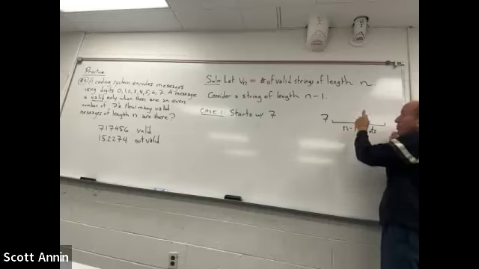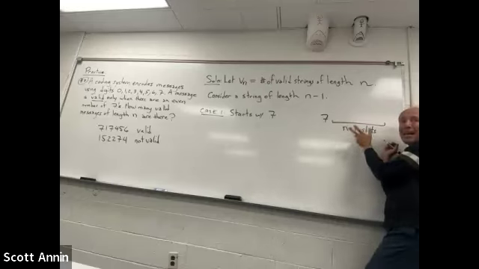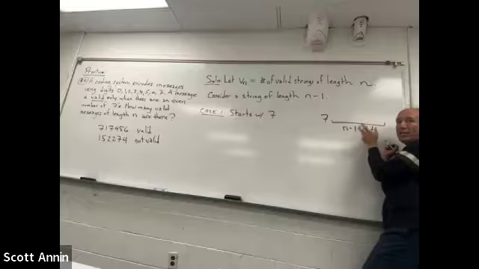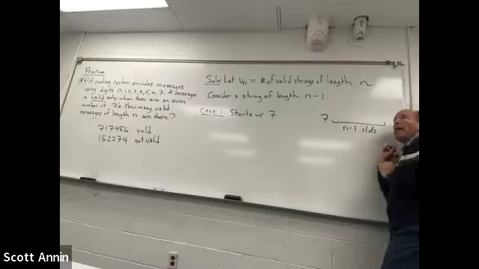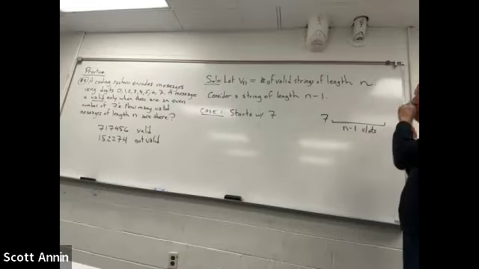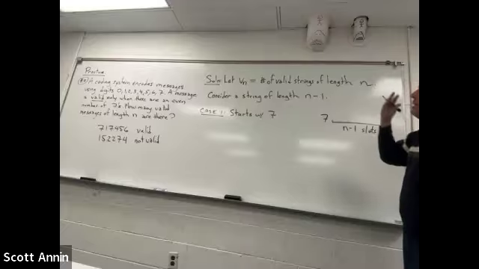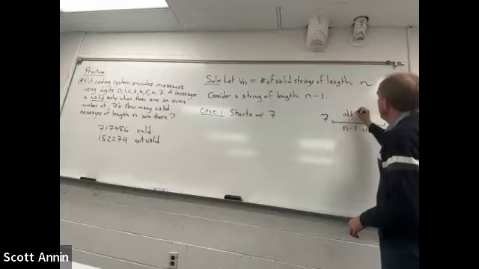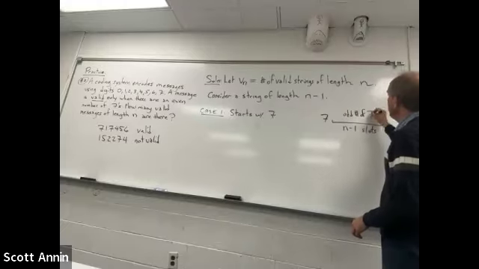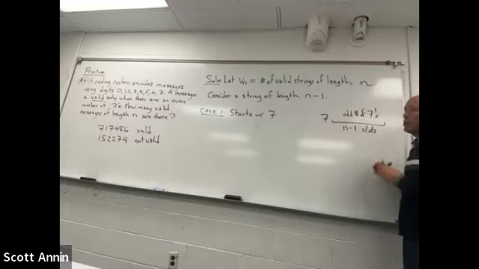So, in other words, what we want to count right here, guys, is how many bad strings of length n-1 are there. A bad string is one that does not have an even number of 7s. So I would want to put an odd number of 7s into these n-1 slots.